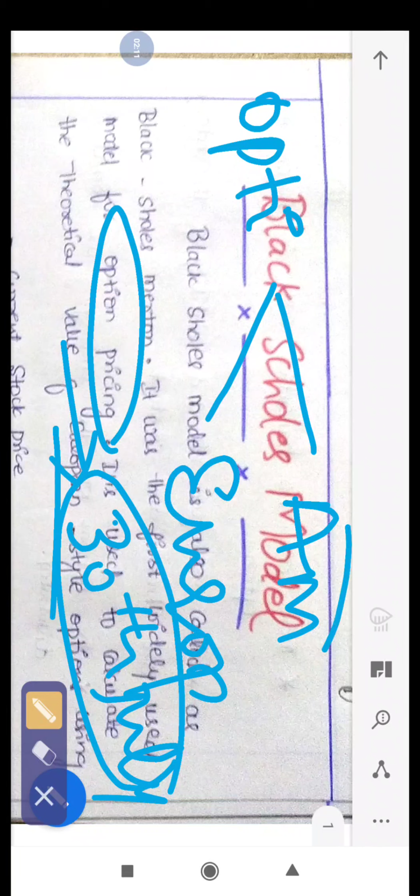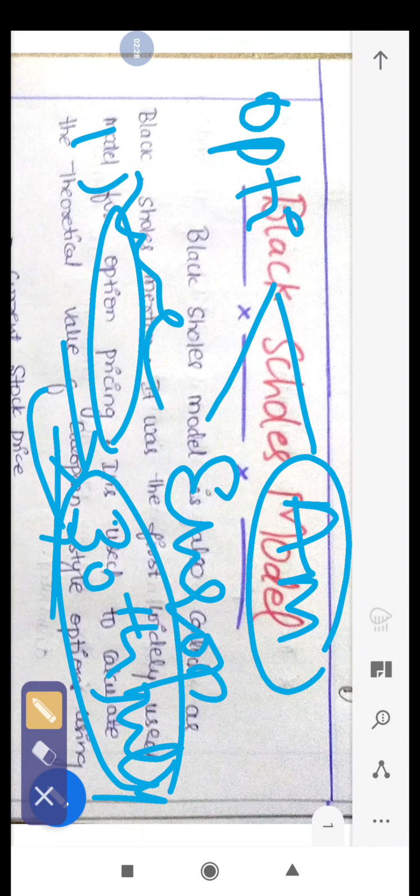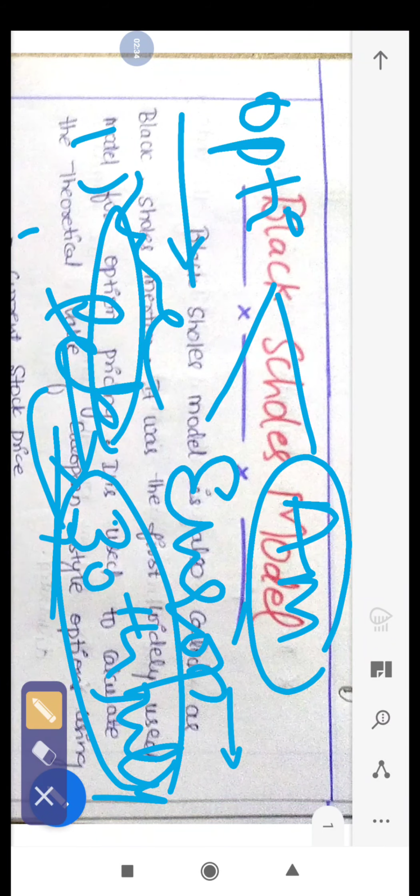In the American style, before 30th July, in the whole contract life, you can sell your option whenever you want. You can sell it on 1st June, on 1st February, whenever you have entered into the contract. From that date to the expiry date, within this period you can sell your contract.